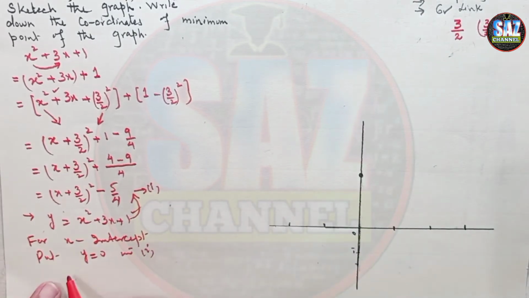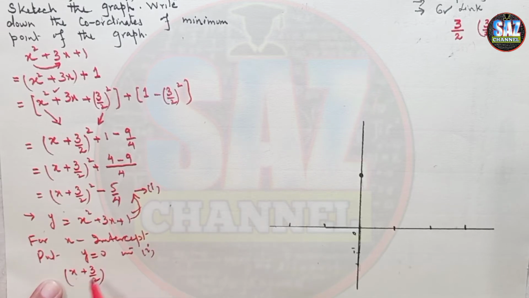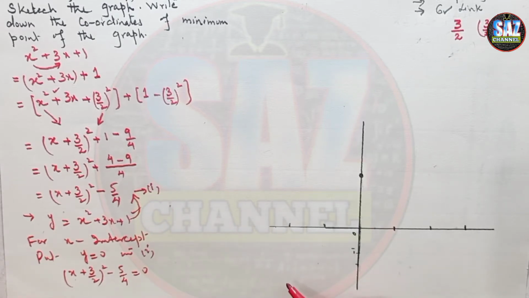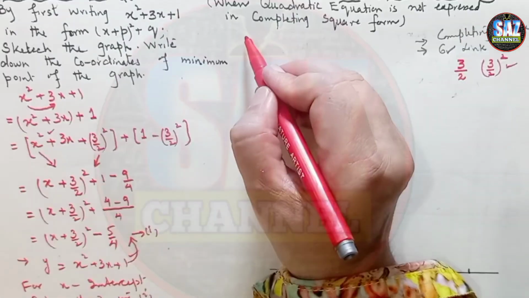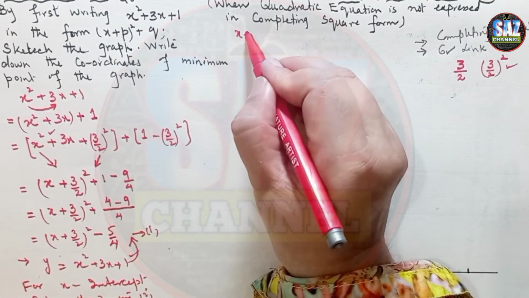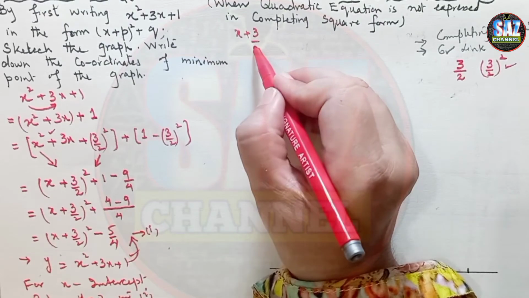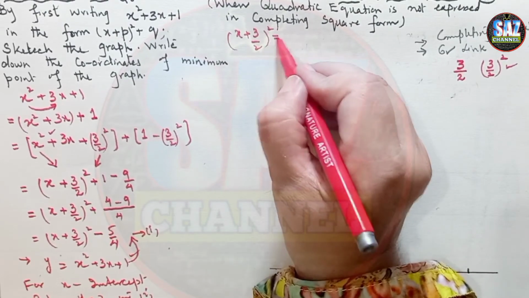So my equation will take the form (x plus 3 by 2) whole square minus 5 by 4 equals 0, or (x plus 3 by 2) whole square equals 5 by 4.